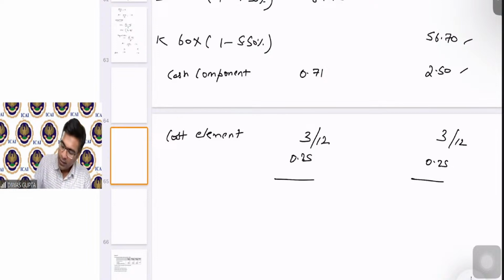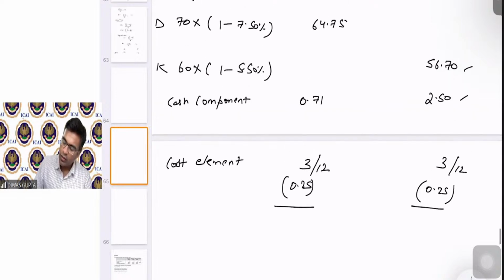Okay. So this has to be reduced to arrive at the overall NAV: 64.75 plus 0.71 minus 0.25, so 65.21. No, Tanisha, we will not take it for 3 months.